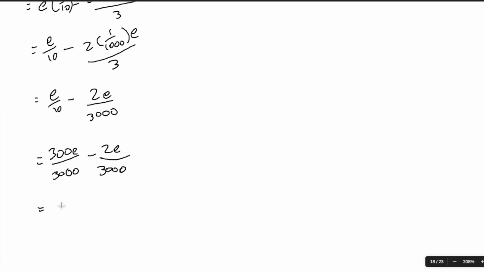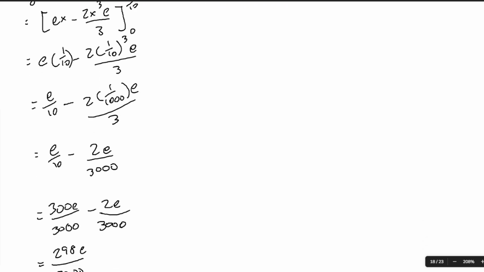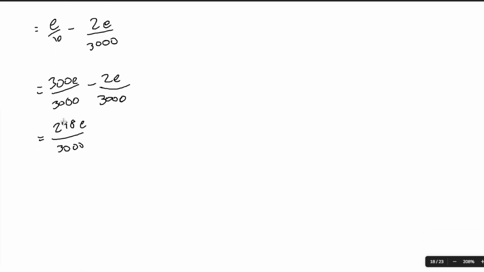Okay, so we have 298e over 3000. What we're trying to find is this right here. It's just about equal, it equates to 149e over 1500. So let's just divide it by 2, which is 149e over 1500. If you don't believe me, we can do this.